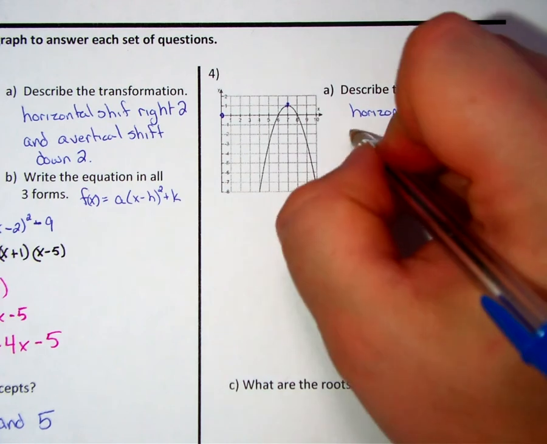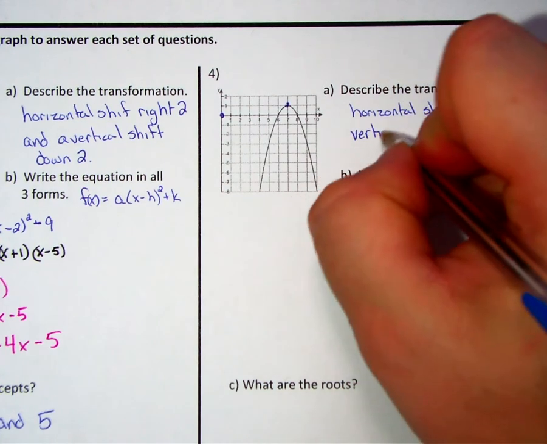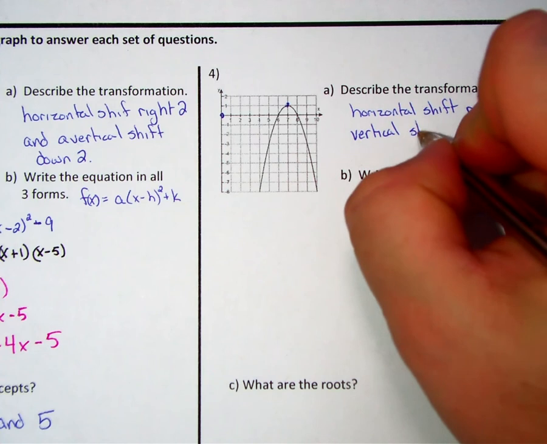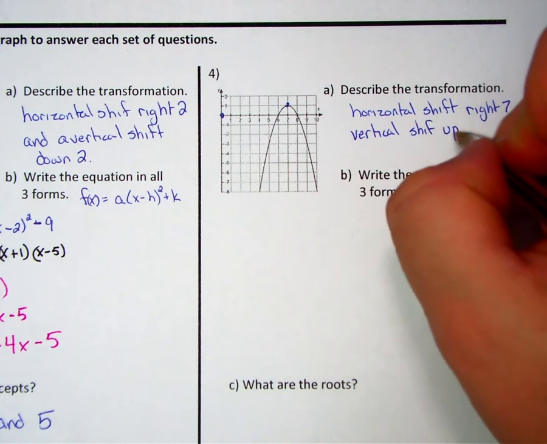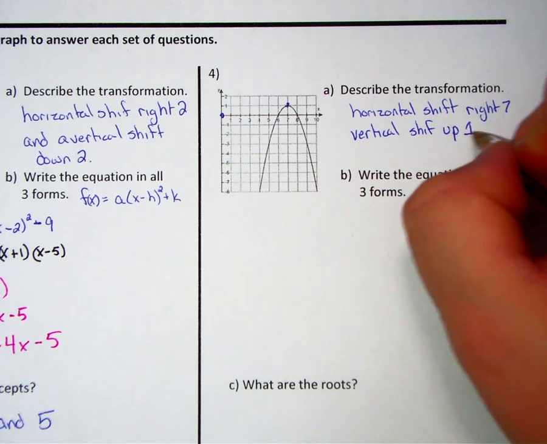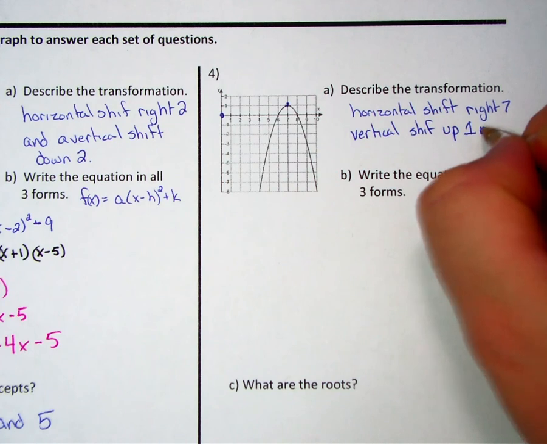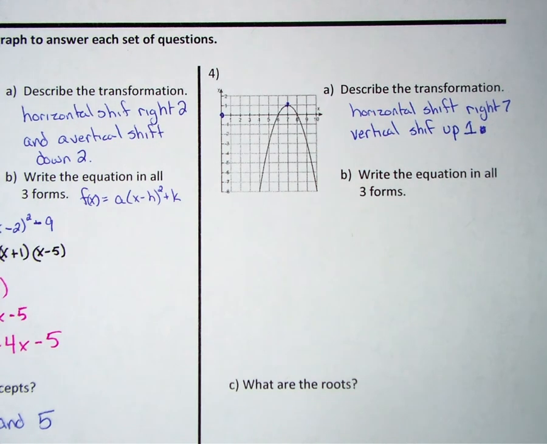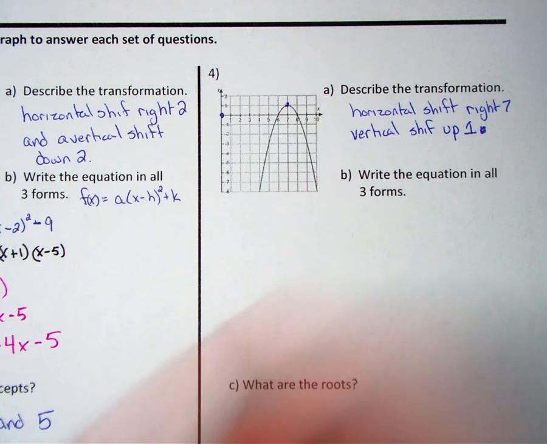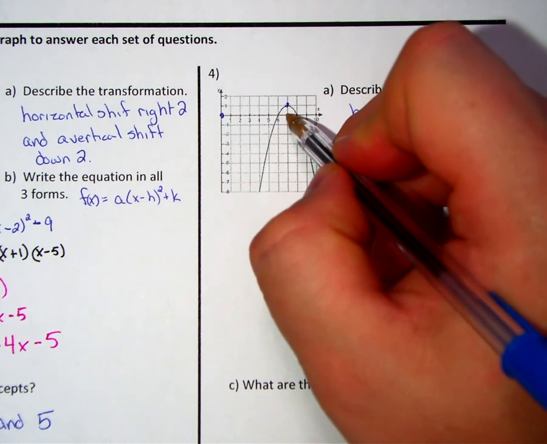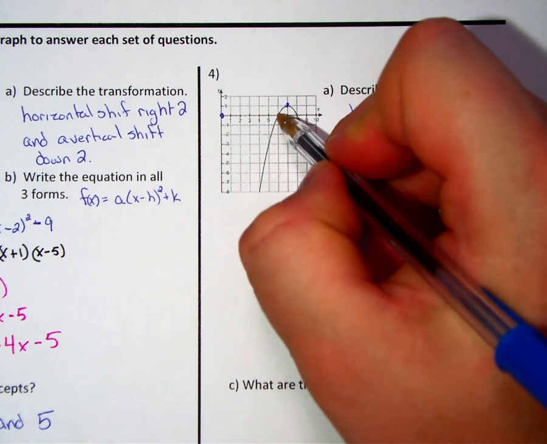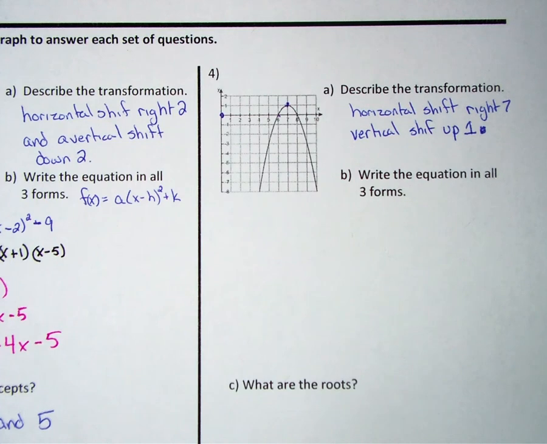We have had a vertical shift up 1 unit. All right, we want to check for any kind of vertical stretch or shrink. So I'm going to start at that point, come down 1 over 1. I end up on the graph. So there has been no vertical stretch or vertical shrink.